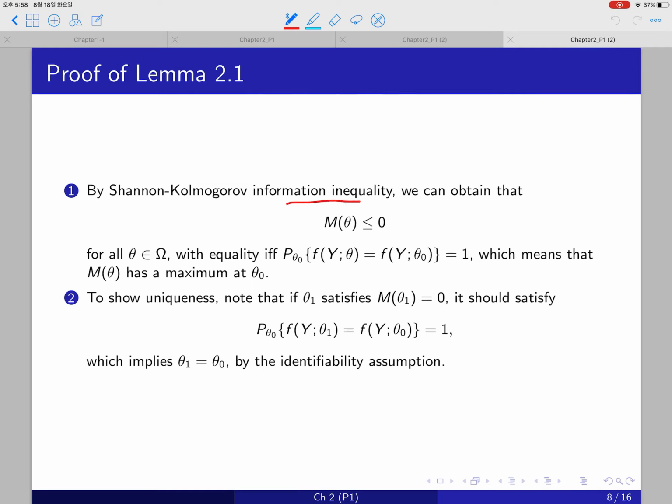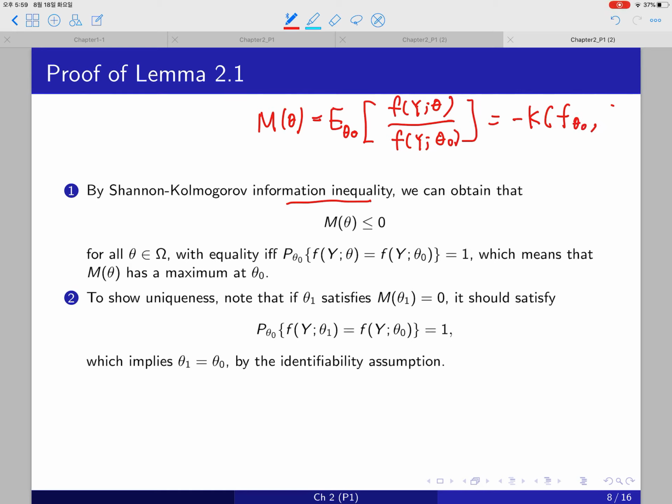Then we use this information inequality, because M(zeta) is the expectation of log of f(y; zeta) over f(y; zeta_0), which is minus the Kullback-Leibler distance between f(zeta_0) and f(zeta).